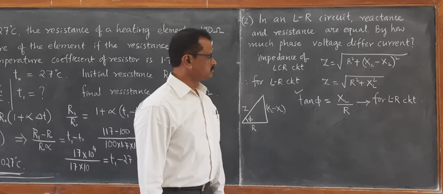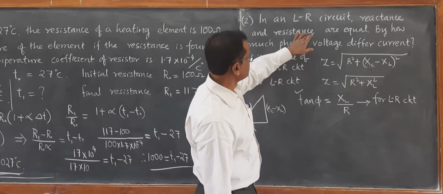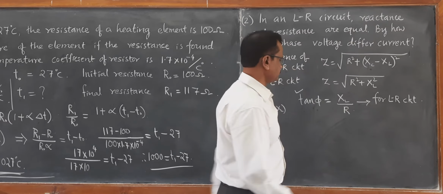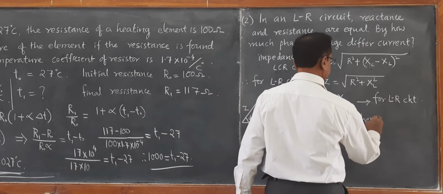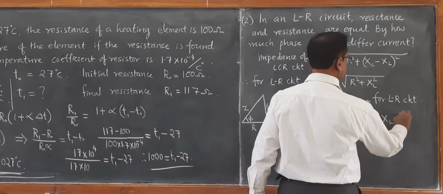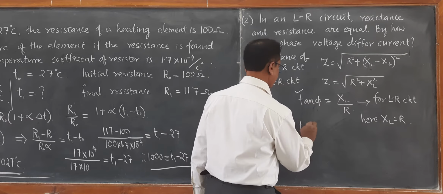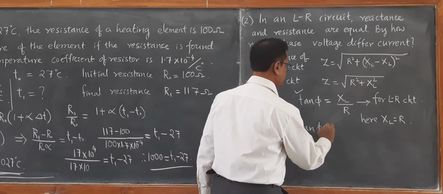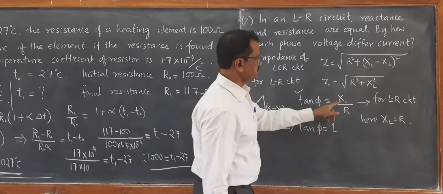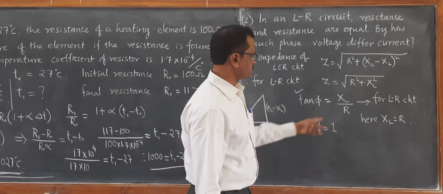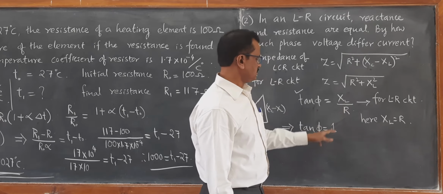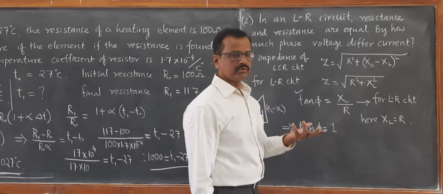Now, in the problem, resistance and reactance are equal. Here, XL is equal to R. So this implies tan phi is equal to 1. XL is equal to R implies that XL by R is equal to 1.